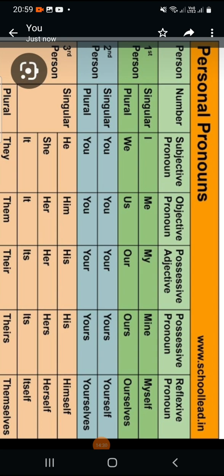Me, us, you, him, her, it or them always come after the verb. Please take care, right?